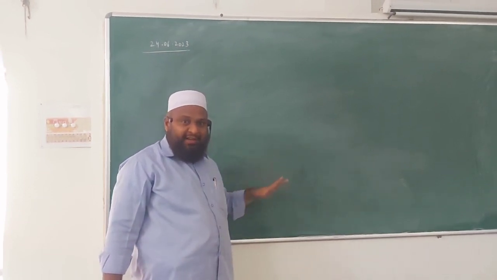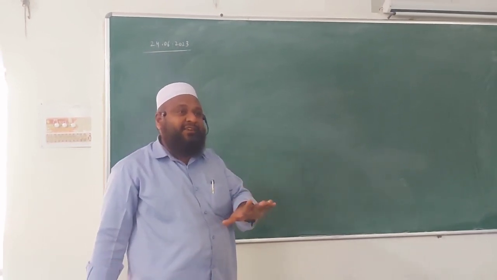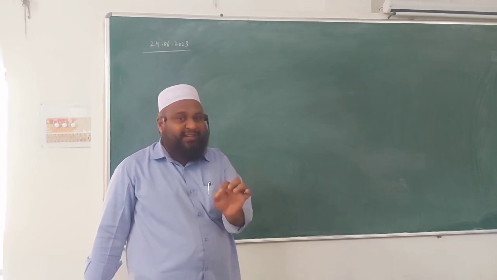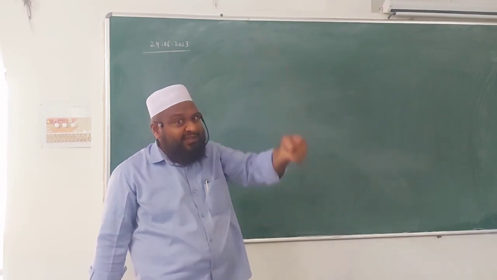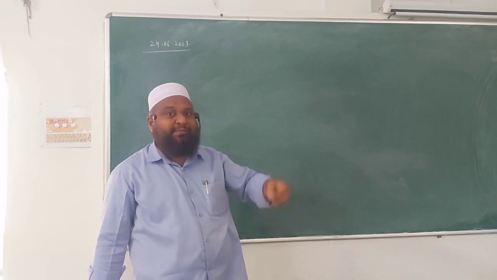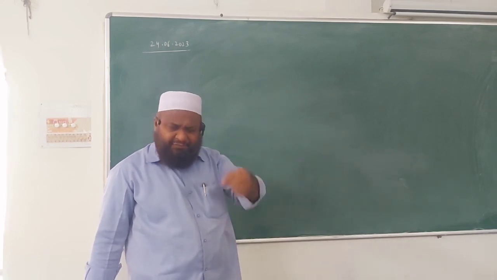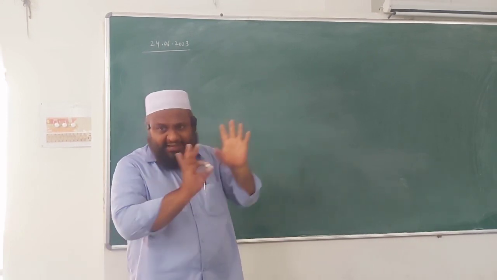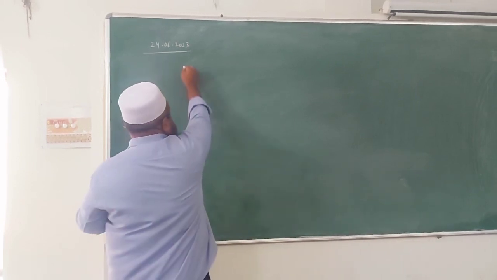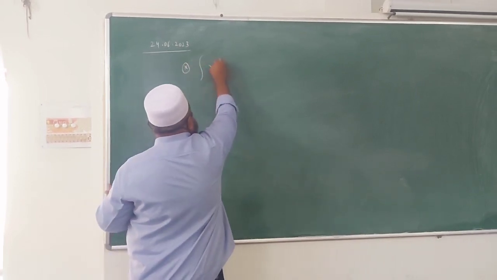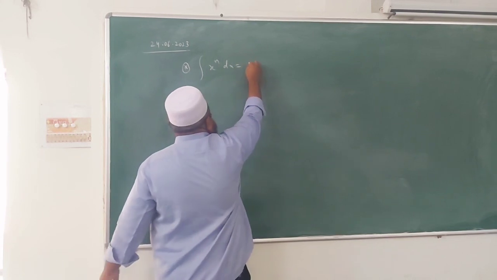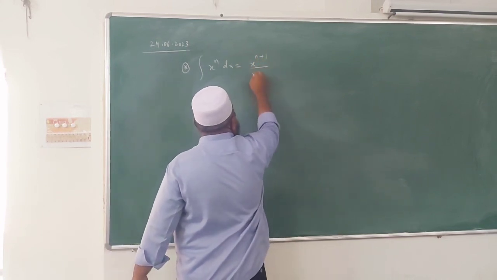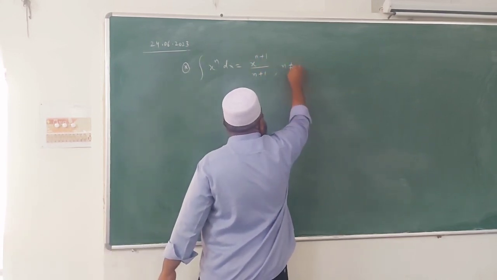As I said in the beginning, it's discussing only basics of integration. You have a long list of integrals. It is better that you memorize that, but I am writing only the frequently used ones here. So what is the first one? Integral x to the power of n dx is x to the power of n plus 1 by n plus 1, n not equal to minus 1.